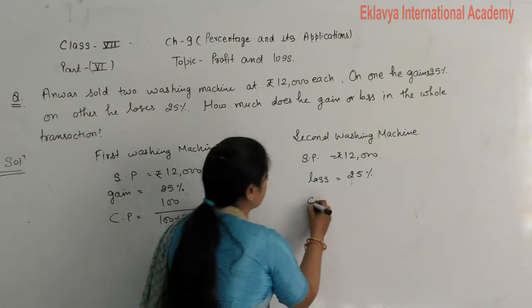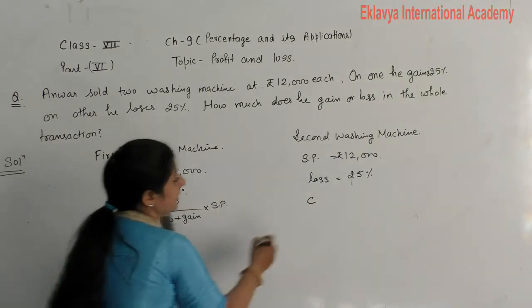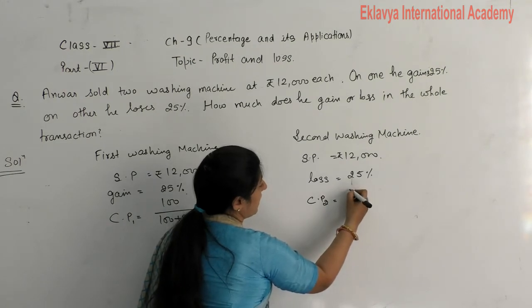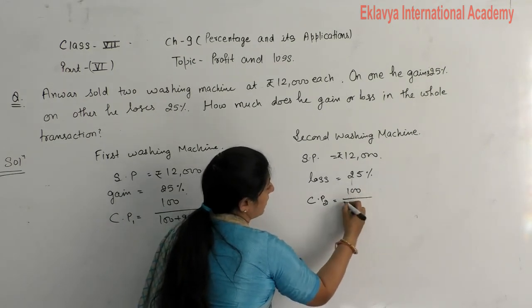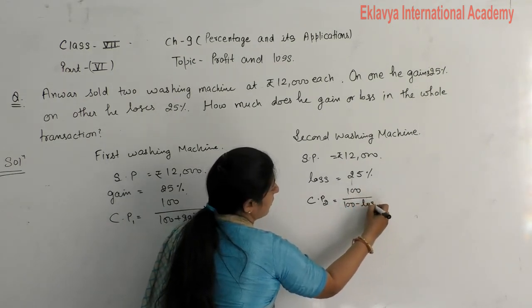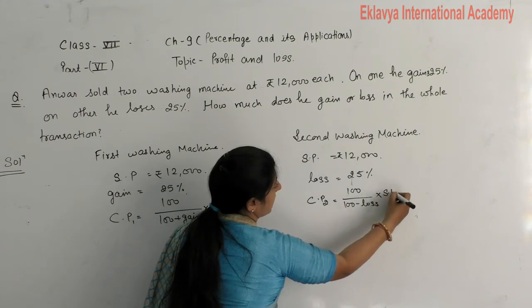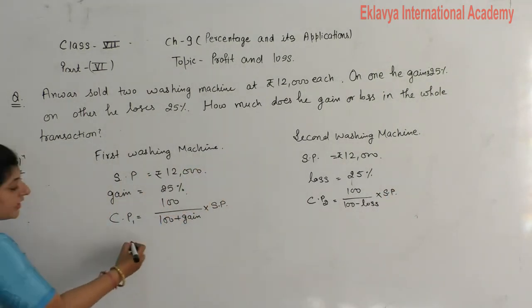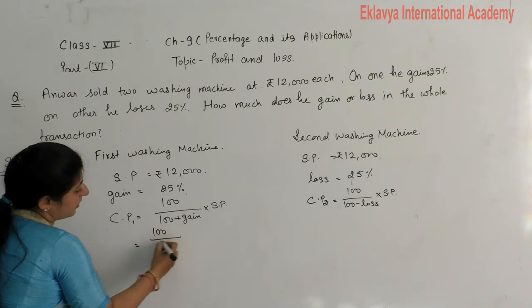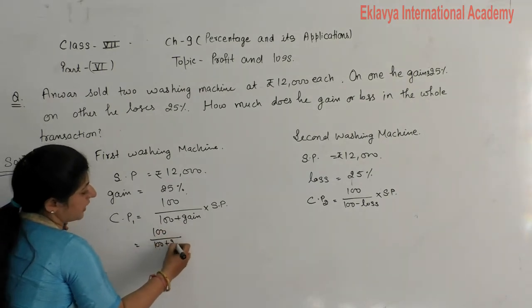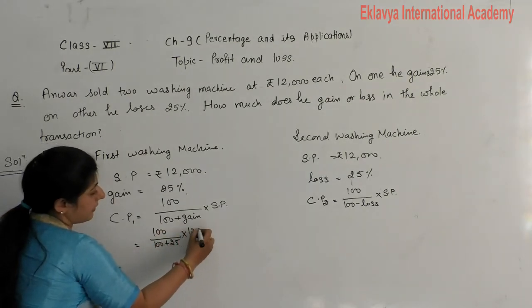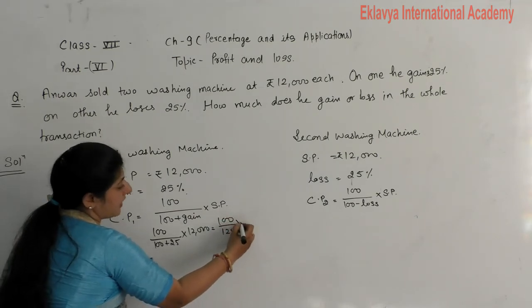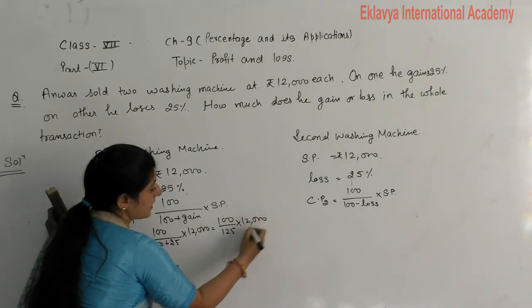For the second washing machine, 100 upon 100 minus loss multiplied by selling price.